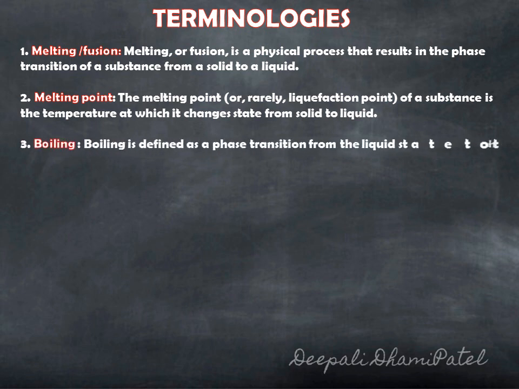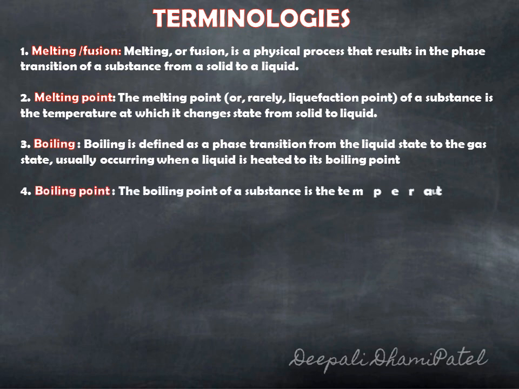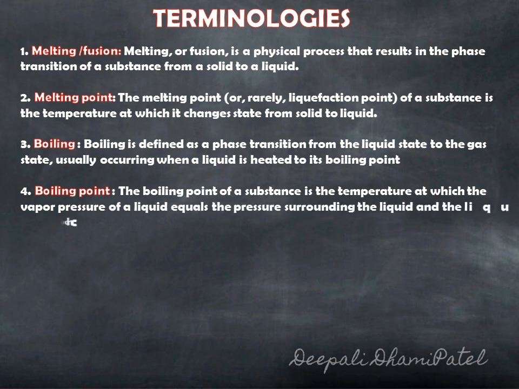Boiling. Boiling is defined as a phase transition from a liquid state to gaseous state. It usually occurs when a liquid is heated to its boiling point. The boiling point of a substance is the temperature at which the vapor pressure of the liquid equals the pressure surrounding the liquid and the liquid changes into vapor.